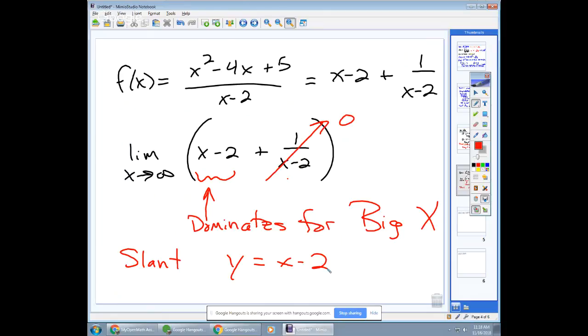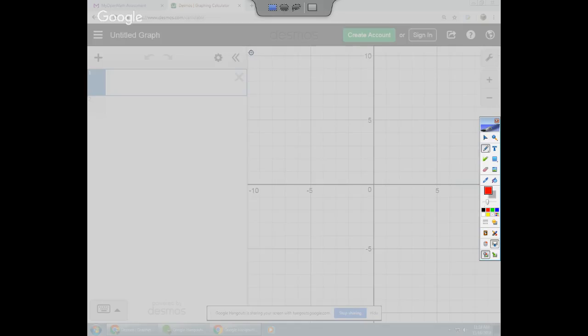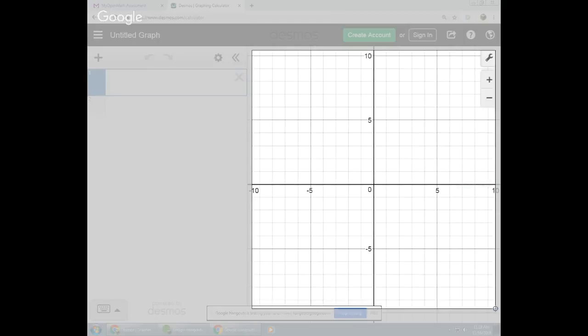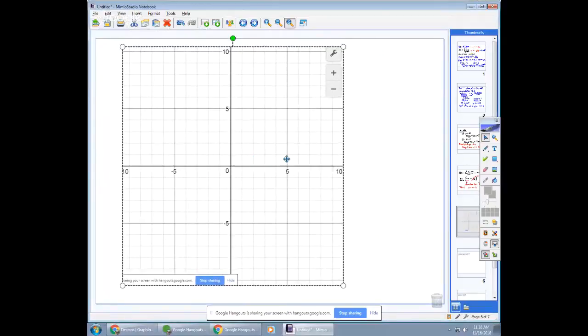All right, so Desmos and a piece of graph paper, which is kind of going to be one and the same for me here. Hopefully I can see the whole function. I'm going to steal this and see if I can draw it before I ask Desmos to do so. All right, so what do we know about this function?